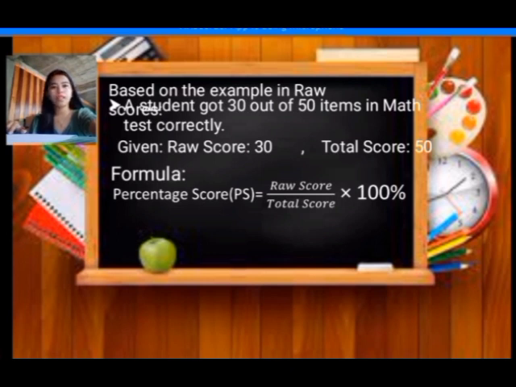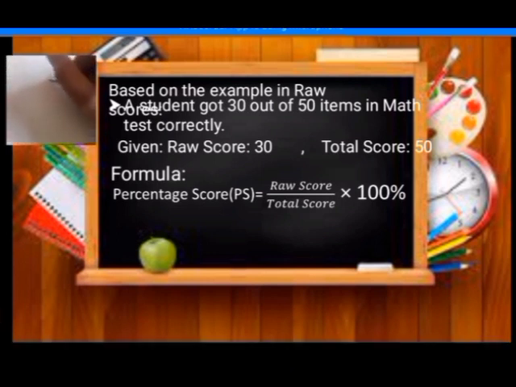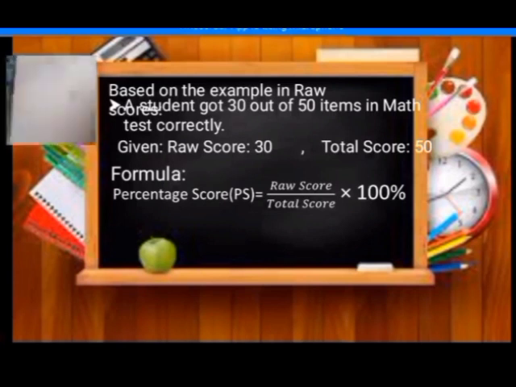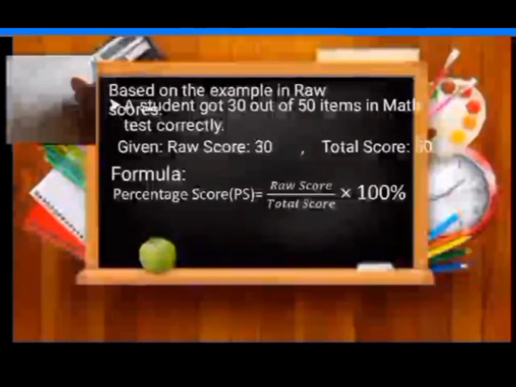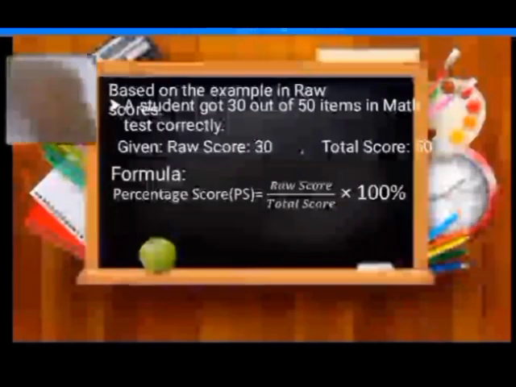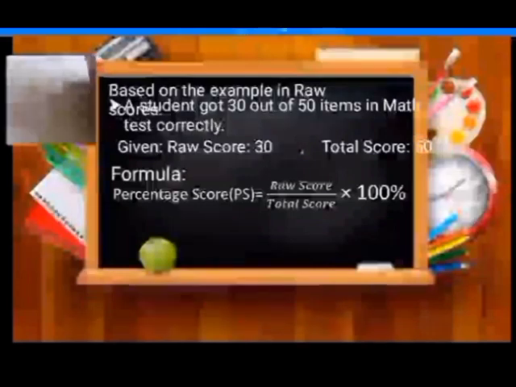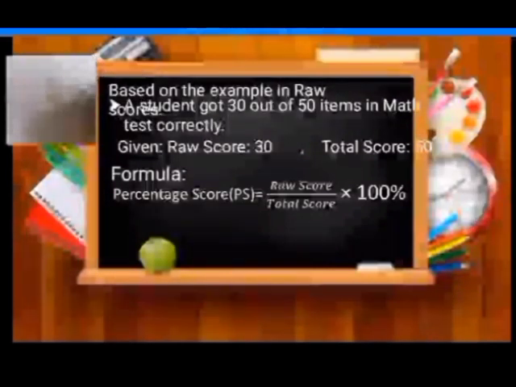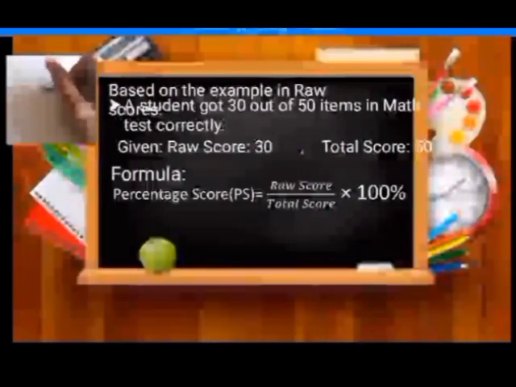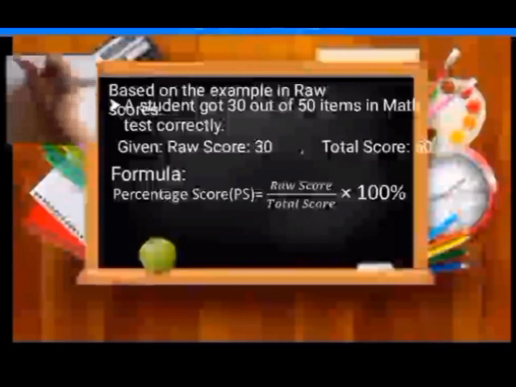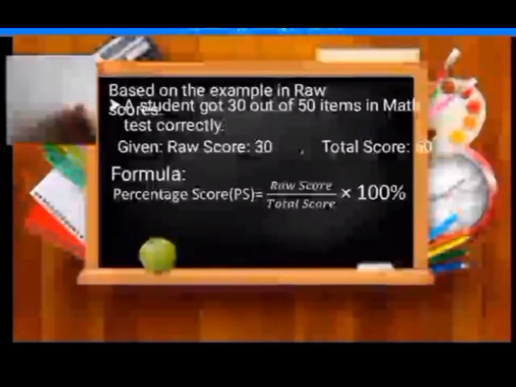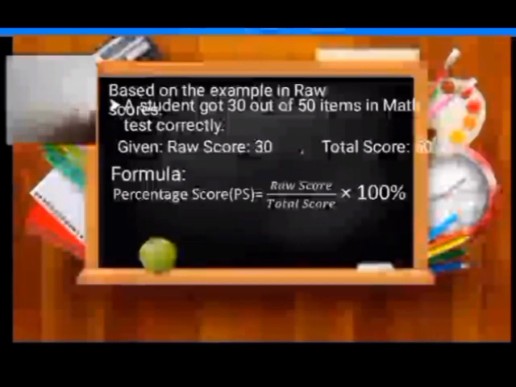So let's solve for that. Raw score is 30 over 50 times 100%. 30 over 50 is equal to 0.6 times 100%, that is 60%.